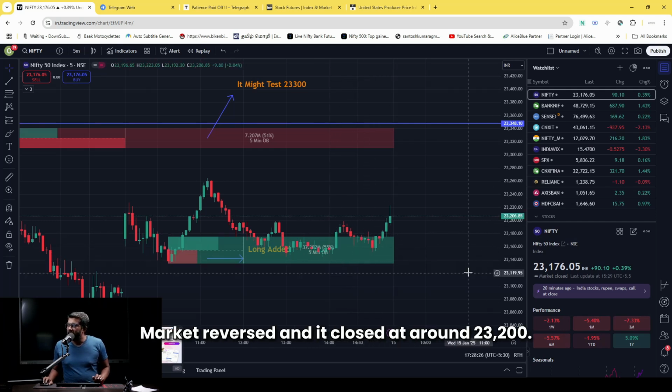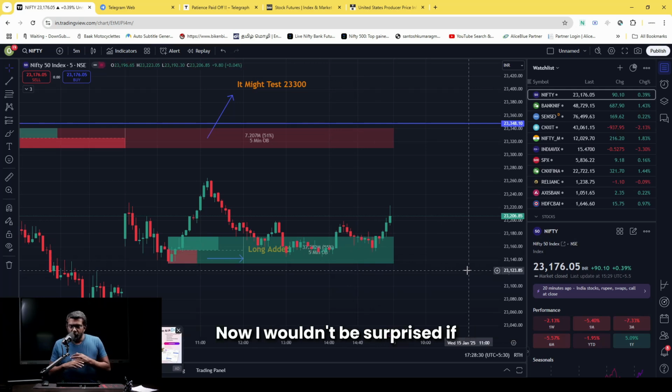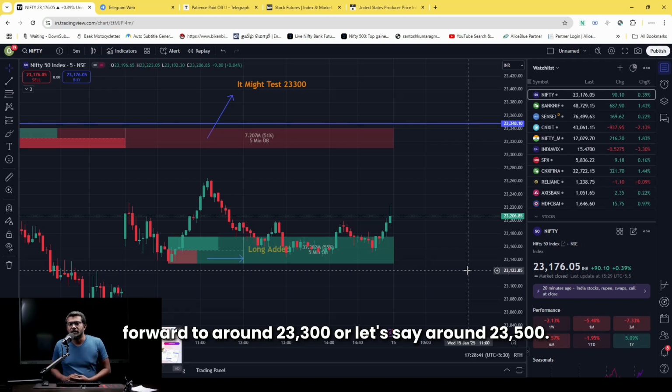The market reversed and closed at around 23,200. I wouldn't be surprised if the market closes above 23,200 even if we gap up. I am looking forward to around 23,300, or let's say around 23,500.